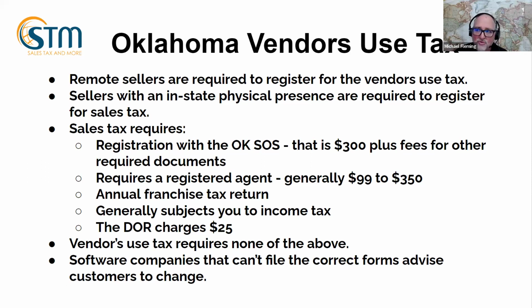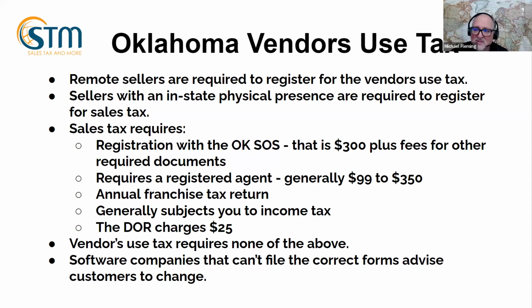So if you're a true remote seller, you're required, or you're supposed, to register for the vendor's use tax. Pretty easy process. But if you have an in-state physical presence, you're required to register for sales tax. So a pure economic nexus, vendor's use tax; in-state physical presence, sales tax.